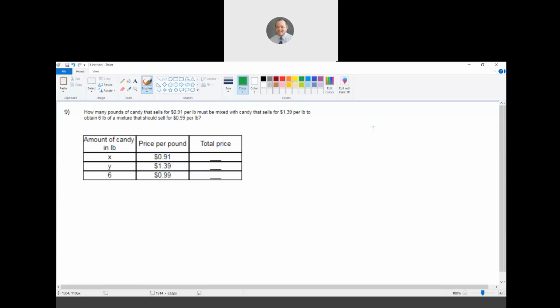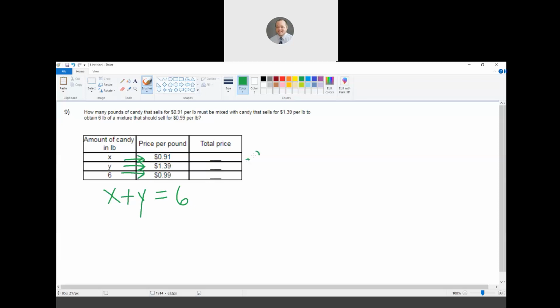Our first equation is how much candy we have. So the 91-cent candy plus the $1.39 candy, we have 6 pounds total. Now, if you use a table to get the third column, you just go crossways and multiply.